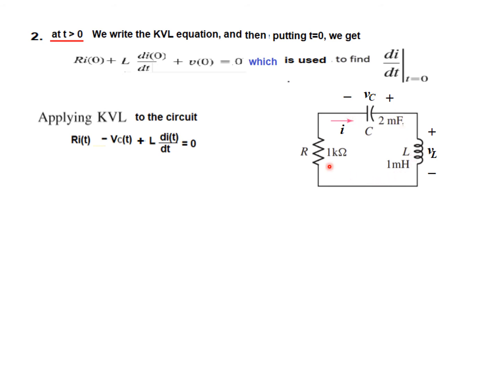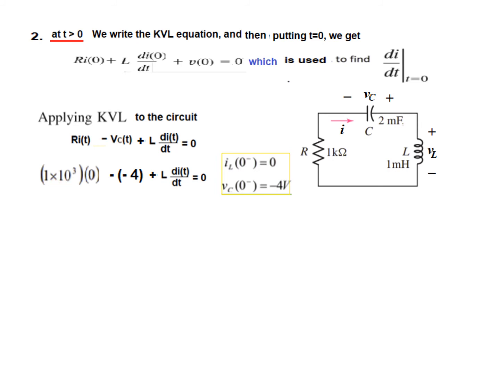So if you start writing from here, it is plus Ri minus Vc plus L di/dt. So this is the KVL equation. Plugging in the values, I0 was 0 and Vc minus 4. So I0 is 0, so this will become 0 multiplied by the resistance.